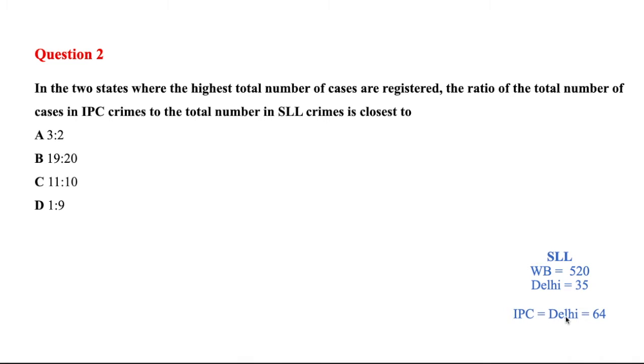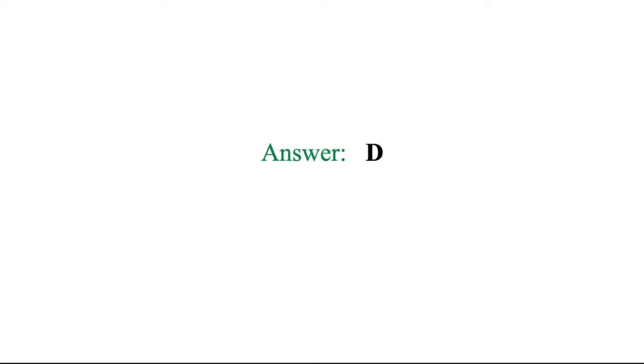So only we have Delhi, which has 64 cases. So IPC is 64 and SLL is nearly 555. So 64 to 555 will be nearly 1 is to 9. So the answer must be D. Yes, the answer is D.